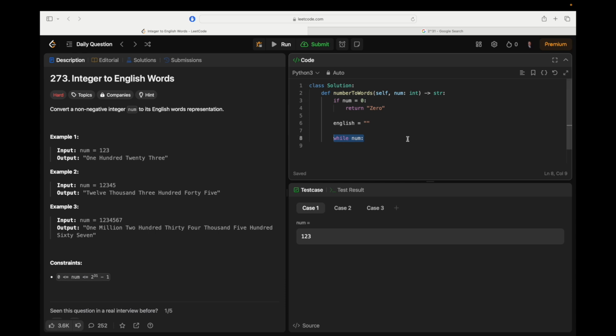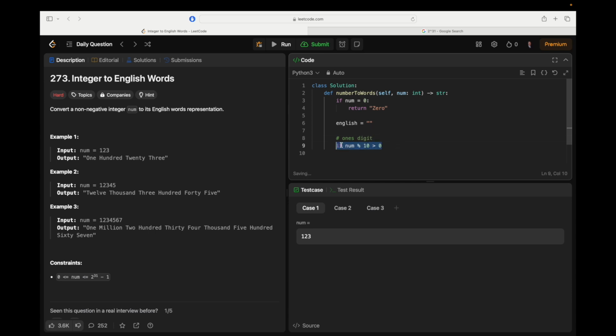Okay. So instead of while num, how about we start with if num modulo 10 is greater than 0. If this is the case, this is the ones digit.